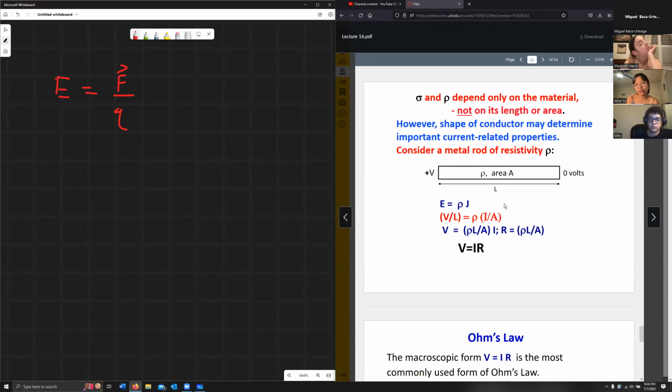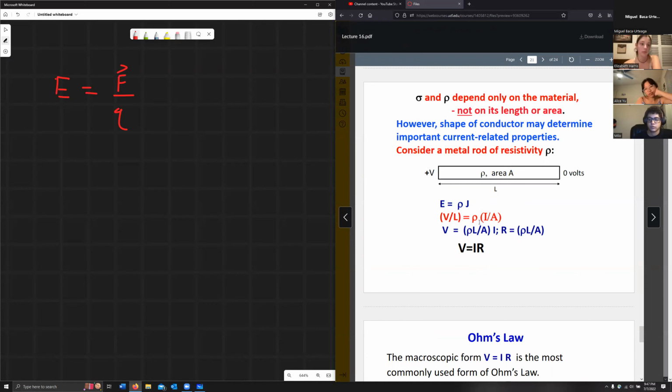So it looks like for this metal rod, the voltage across the metal rod is the current times the resistivity or resistance. No, wait, what is this? I think R is resistance.